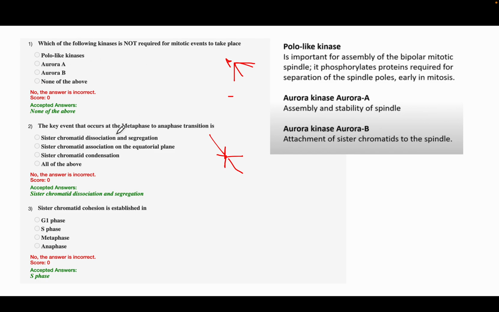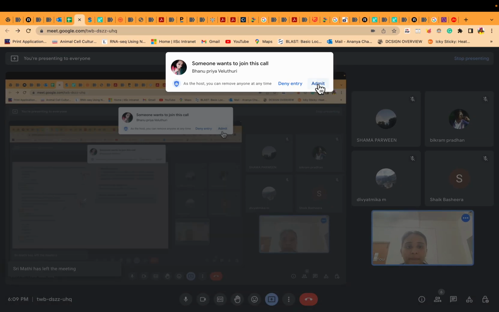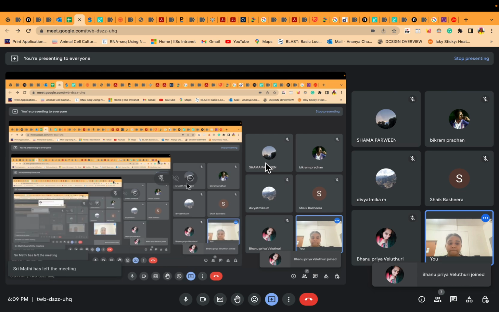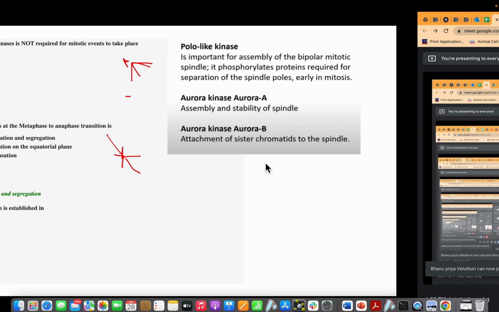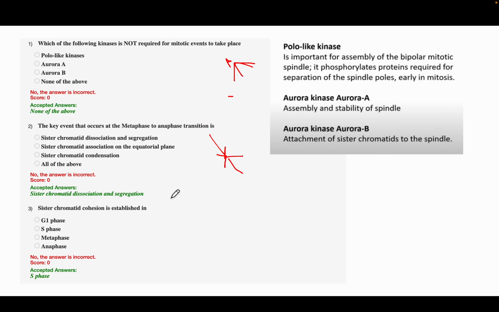The next question: the key event that occurs at the metaphase to anaphase transition is sister chromatid dissociation and segregation, sister chromatid association on the equatorial plane, sister chromatid condensation, or all of the above. So what happens when a cell goes from metaphase to anaphase?